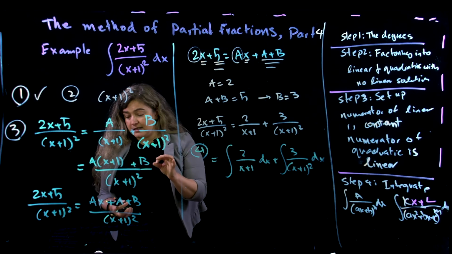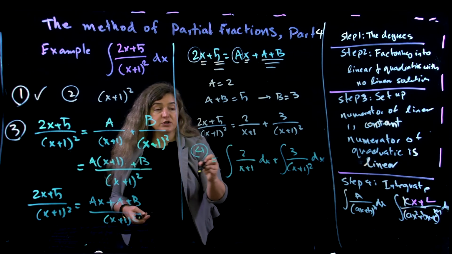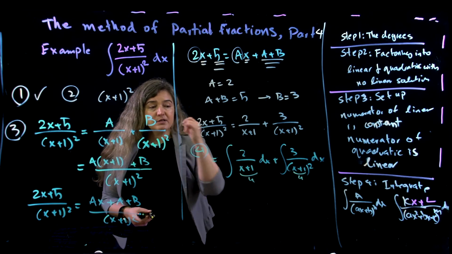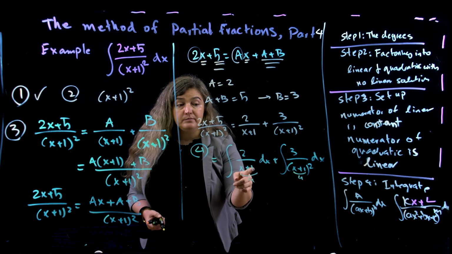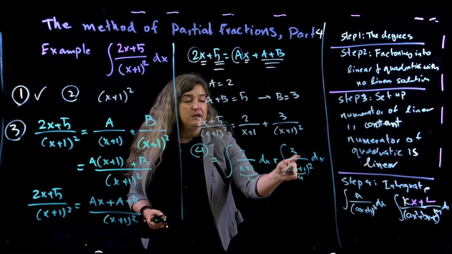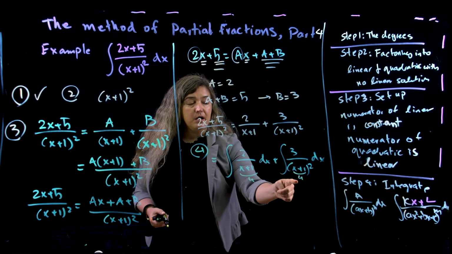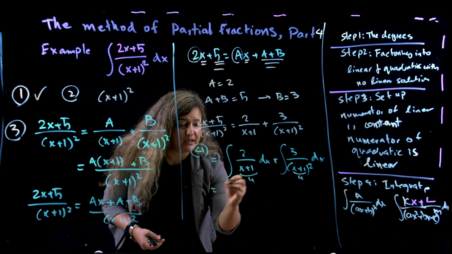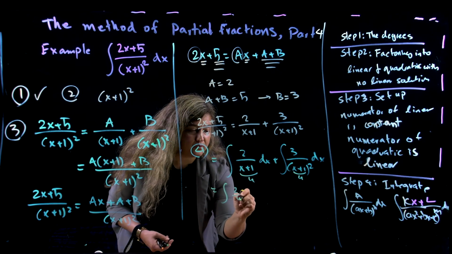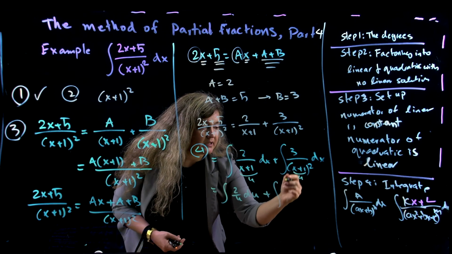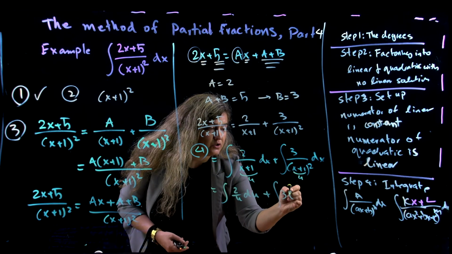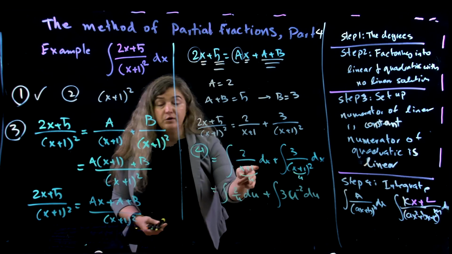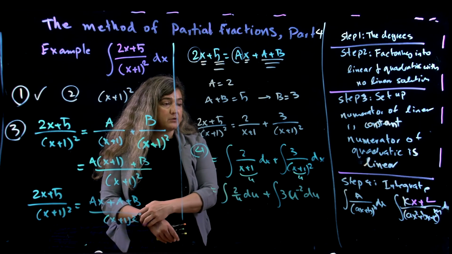In both cases, you do a u substitution. Let's just do the u substitution really quickly. This one is 2 over u du. That one is 3 u to power negative 2 du. Because u is equal to x plus 1, then du is going to be equal to dx.